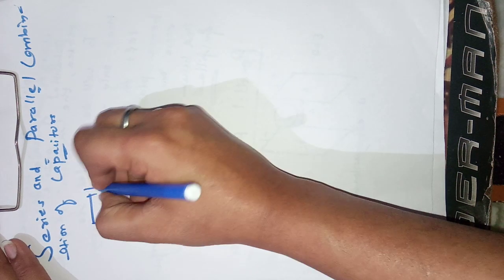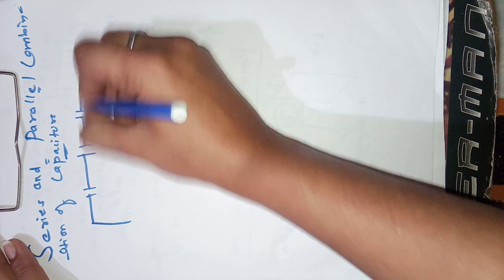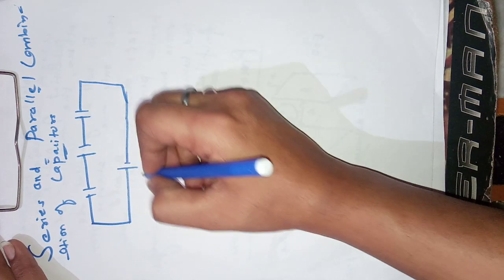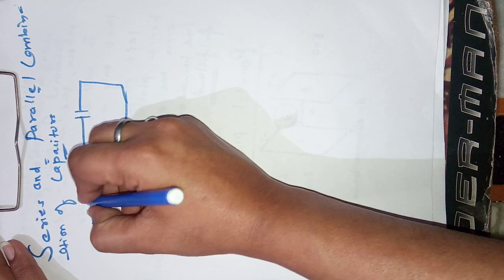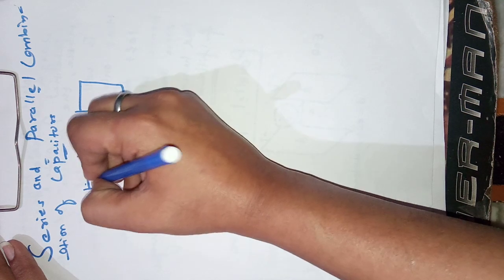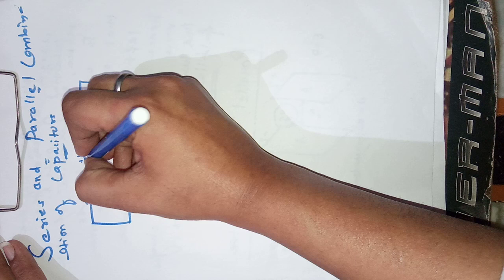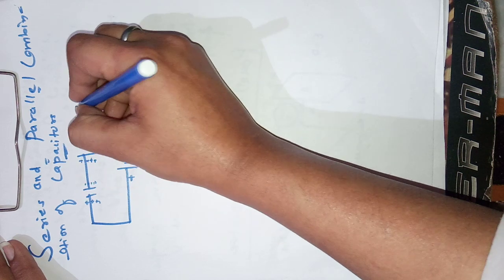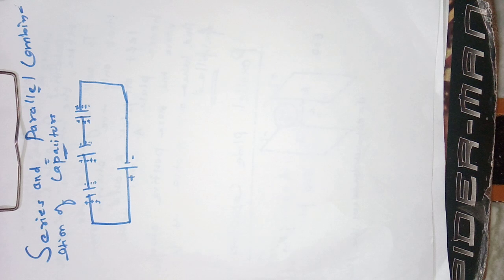When the capacitors are connected in this way, and we have a battery or a cell over here, positive charge on this plate and negative on this plate. In a similar way, positive charge on this plate and negative on this plate. Similarly, positive, negative. When the capacitors are connected in this way, that combination is referred to as the series combination.